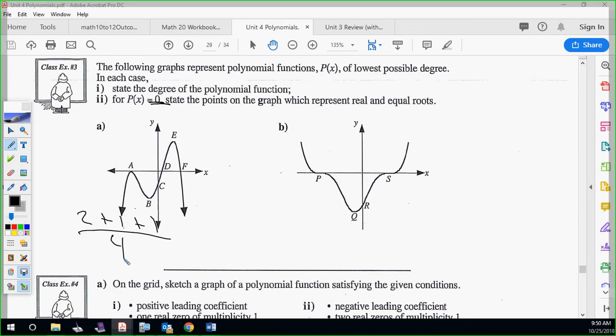Okay. And so then your zeros are A, D, and F, right? And so it says, state the points on the graph which represent real and equal roots. So A. Real and equal.